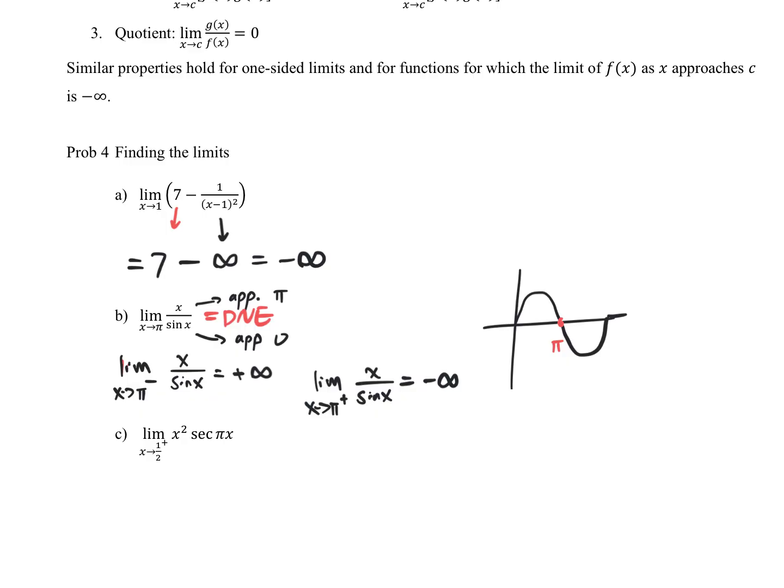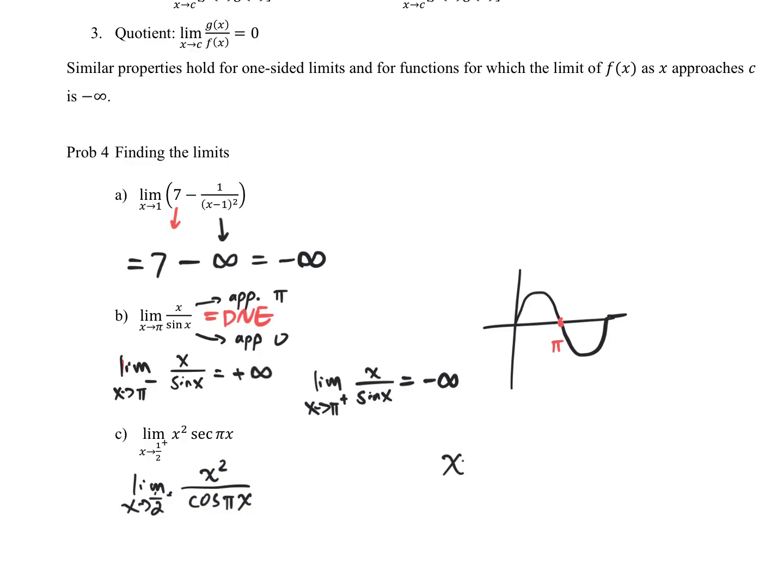Lastly, let's look at this example: x squared times secant pi x. If you remember, secant pi x is actually 1 over cosine pi x.